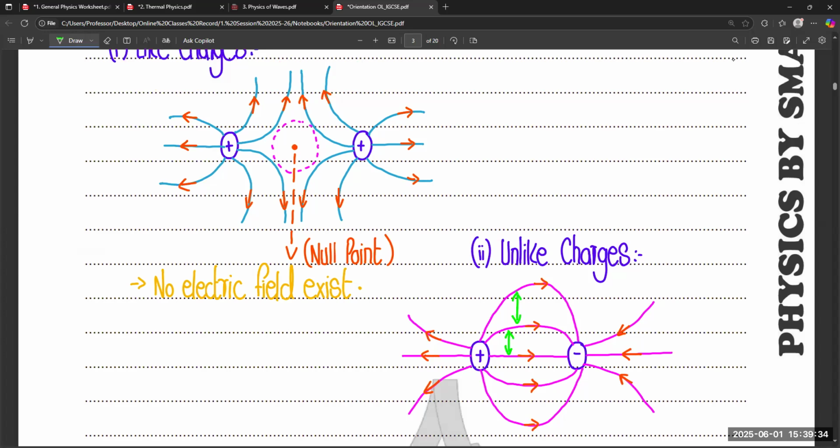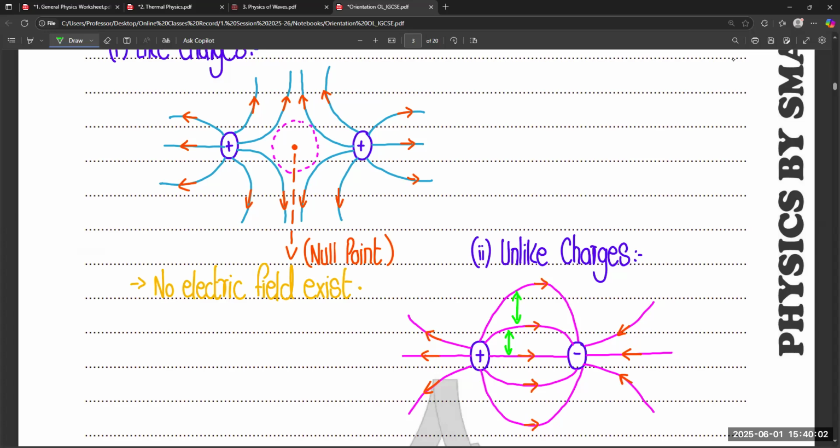So this gap needs to be increased in your diagrams. When you draw the diagrams by yourself, always remember you have to increase the gap between the field lines, because the increasing gap between the field lines represents that we have a weak electric field away from the charge. Okay.